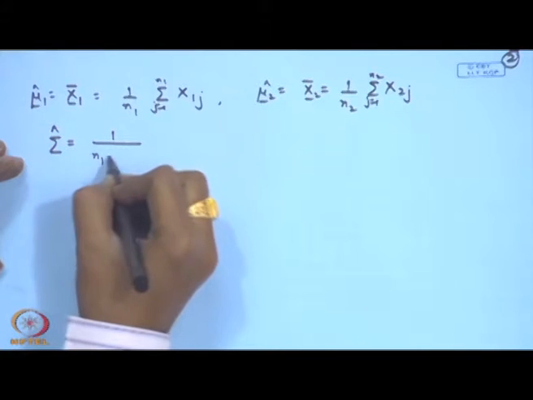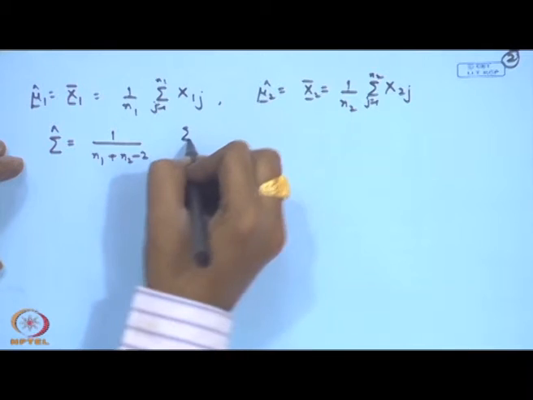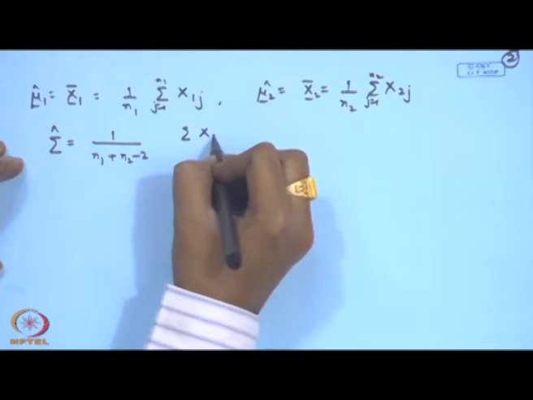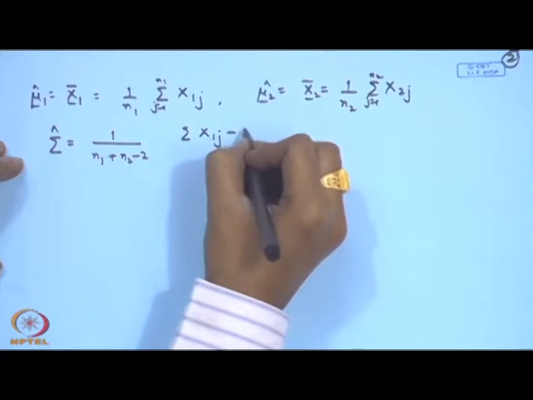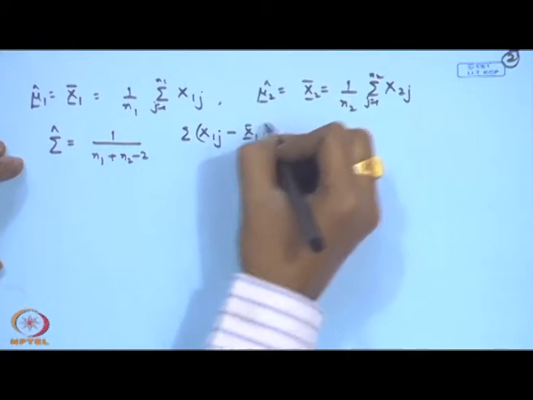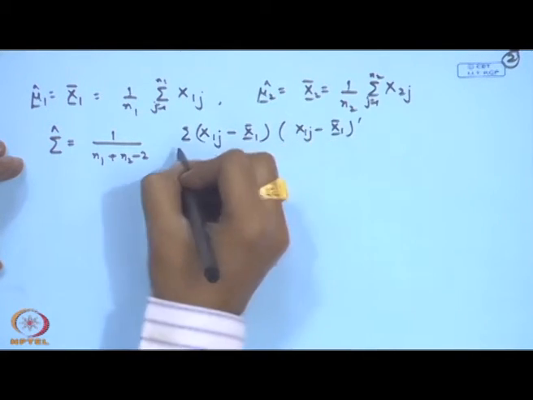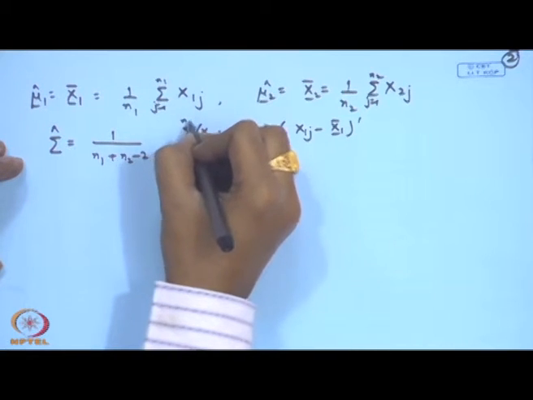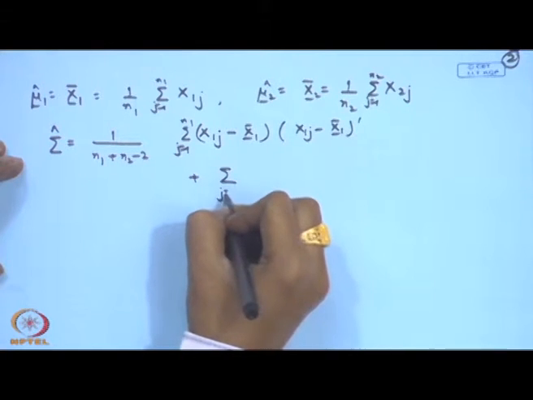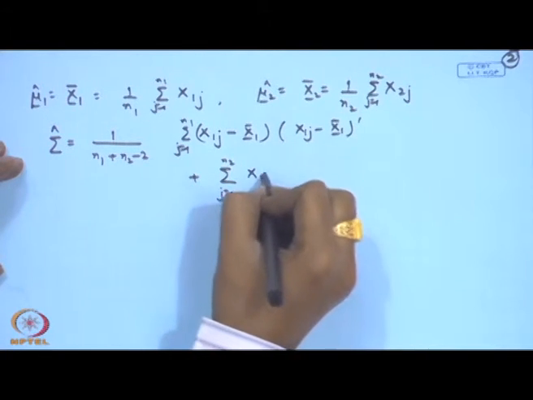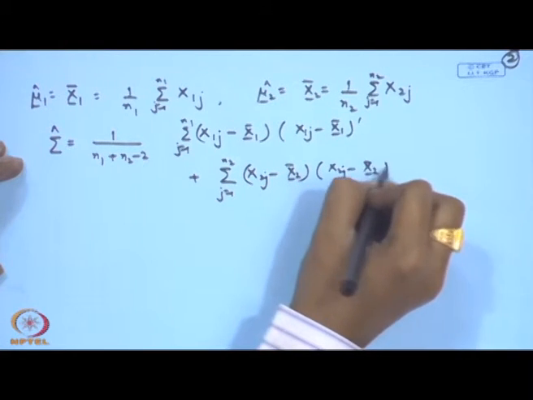If we want an unbiased estimator, then it will become 1 by (n 1 plus n 2 minus 2) times [the sum over j equal to 1 to n 1 of (x 1 j minus x 1 bar)(x 1 j minus x 1 bar) transpose plus the sum over j equal to 1 to n 2 of (x 2 j minus x 2 bar)(x 2 j minus x 2 bar) transpose].